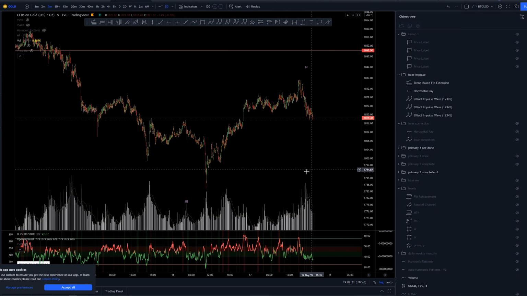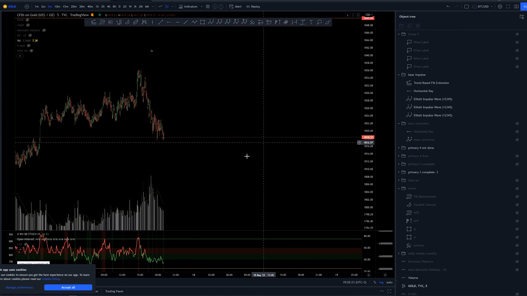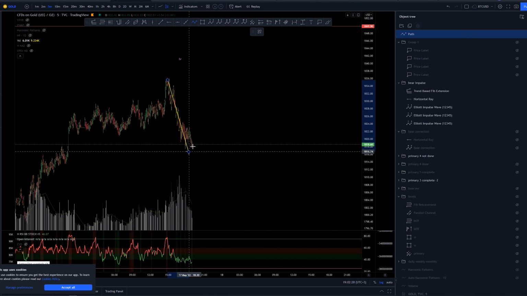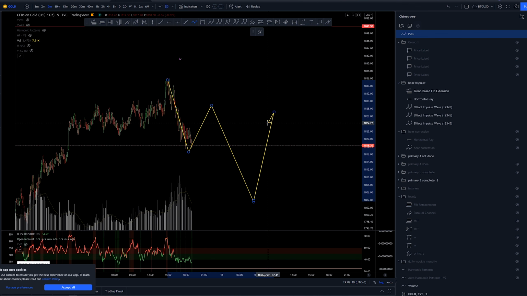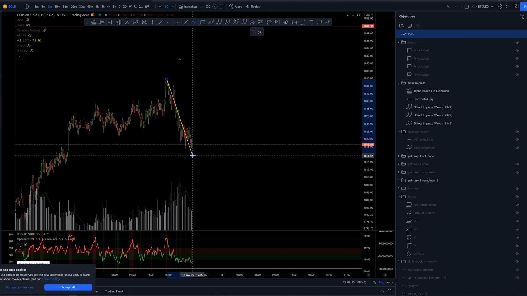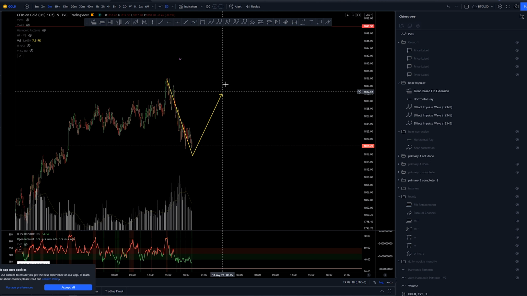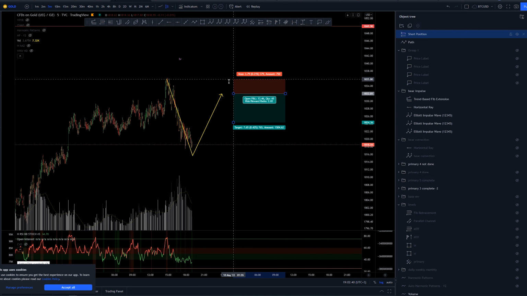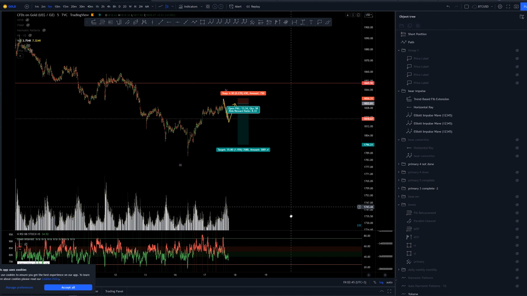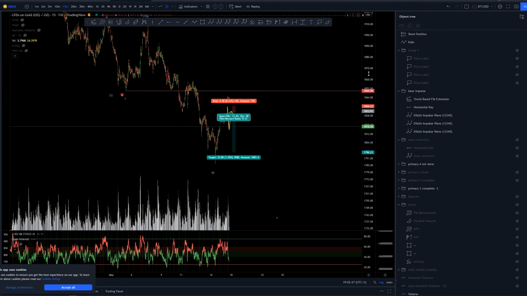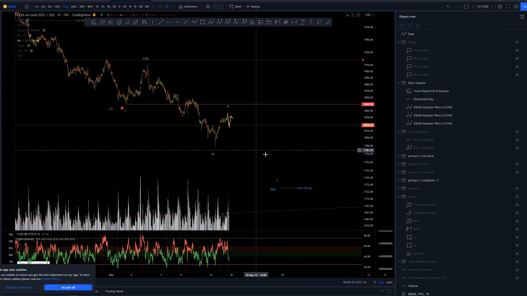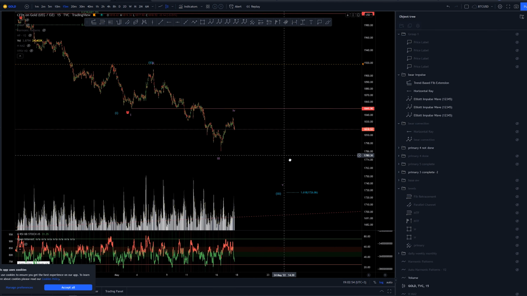If I can catch some good structure here on the pullback, I can have a setup where I have something like this and a pullback, and then I would have a short setup here with a great risk to reward, even if we are just playing for the fifth wave here, of the third wave here. We still have good chance of getting downwards.